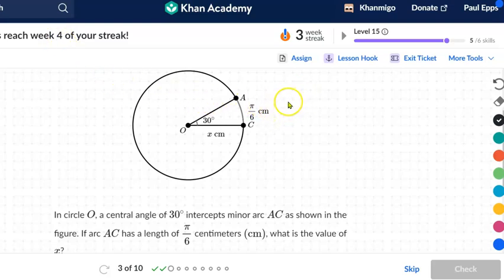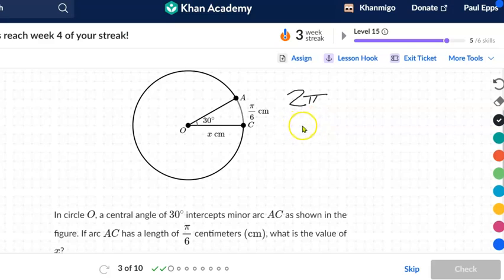All right, so 12 times pi over 6 is 2 pi. That is the circumference of this circle. Pi is the ratio of the circumference to the diameter.